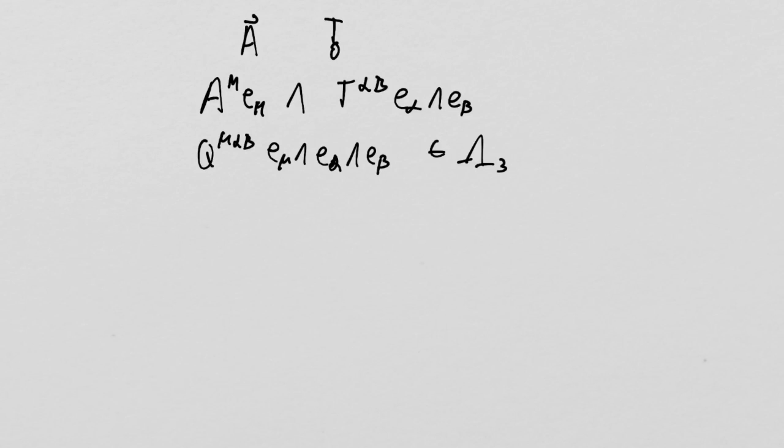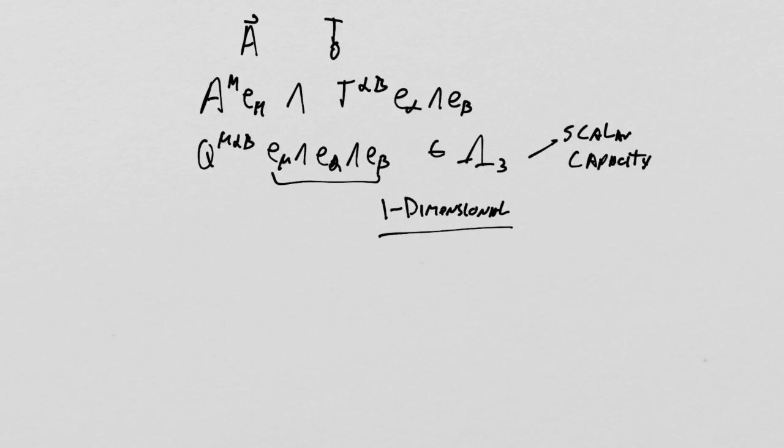So this is just a scalar capacity, right? It's a scalar capacity. It's scalar because we call it scalar because it's one-dimensional. So it's one-dimensional, because we're in three-dimensional space and we've got a triple wedge product. And it's a capacity because it's this volume element here, right?